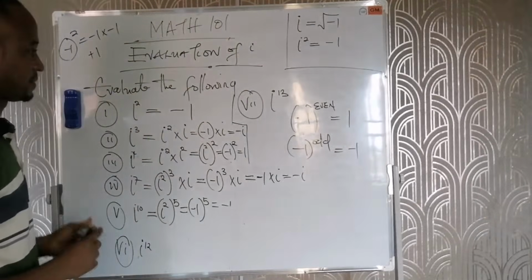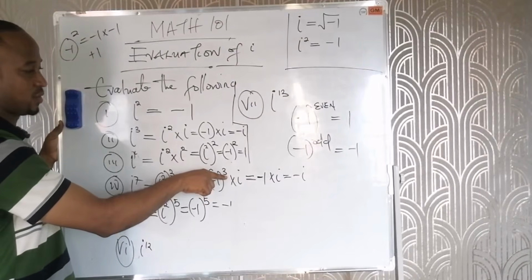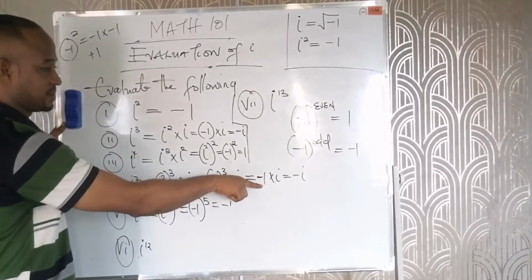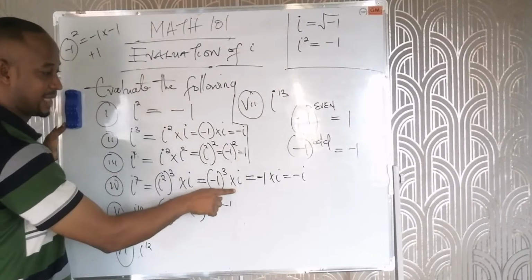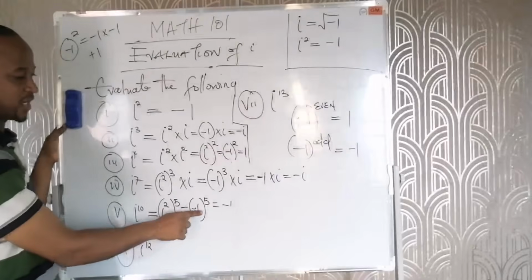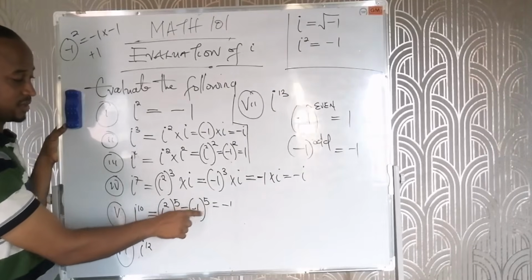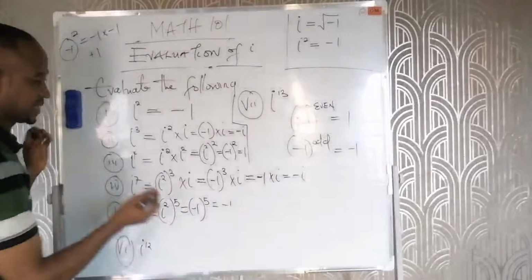Let me explain this. If you look at this, minus 1 raised power 3, 3 is an odd number, right? The result is minus 1. Then times i, that will give us minus i. Also, minus 1 raised power 5, 5 is an odd number, right? So minus 1 raised power 5 will give us what here?